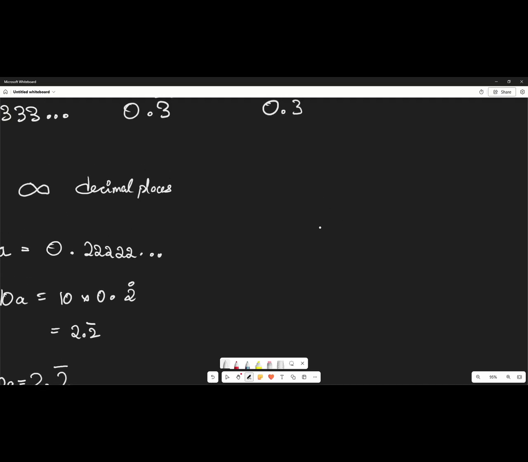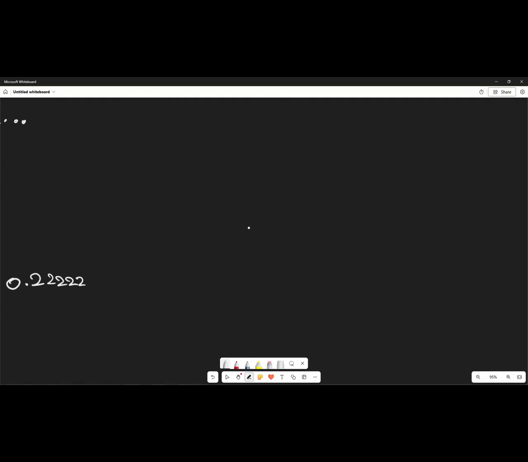Now this is the best way to estimate the value, but it's not very accurate, because if you consider the decimal 0.99999, for example, we apply the same logic. x is equal to 0.9999, 10x is equal to 9.99. So 10x minus x is equal to 9.9 minus 0.9.